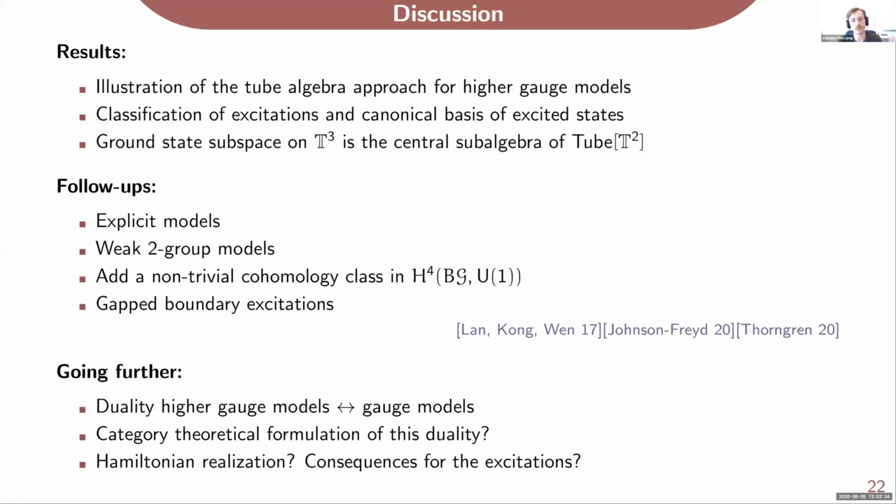This is usually done at the level of the partition functions, in terms of differential forms and so on. I think it would be interesting to understand this mechanism more explicitly from a category theoretical point of view. And then from this, we could induce how to implement this duality on the lattice, and also what it means at the level of these excitations, possibly using some tube algebra techniques.